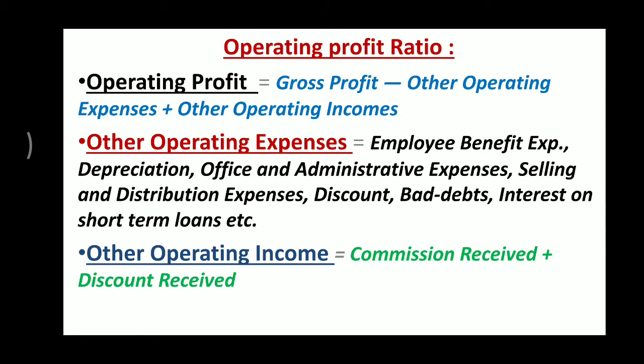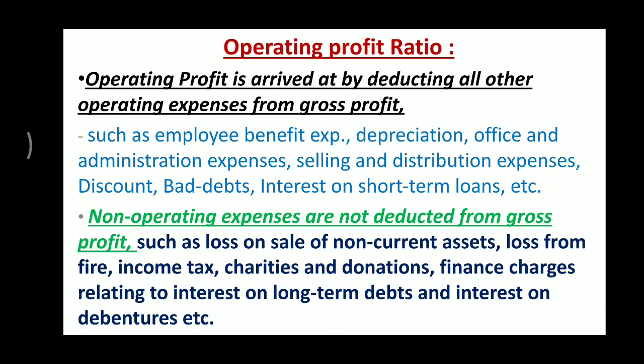Okay, now next. As we know that operating profit is derived by deducting all other operating expenses from gross profit, examples are employee benefit expense, depreciation, office and administration expenses, selling and distribution expenses, discount, bad debts, interest on short-term loan, etc. Now next we must know what non-operating expenses actually mean.